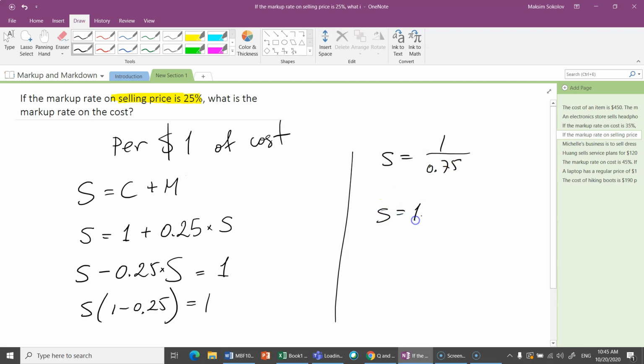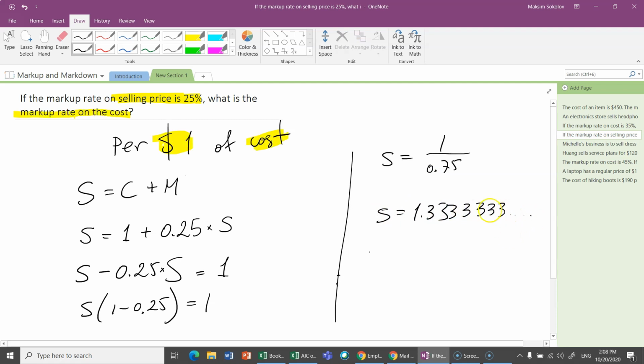S equals 1.3333, and so on. Which means that markup is 0.33333333, and so on. Again, for each dollar of cost, we have markup, which is 0.33333, and so on.